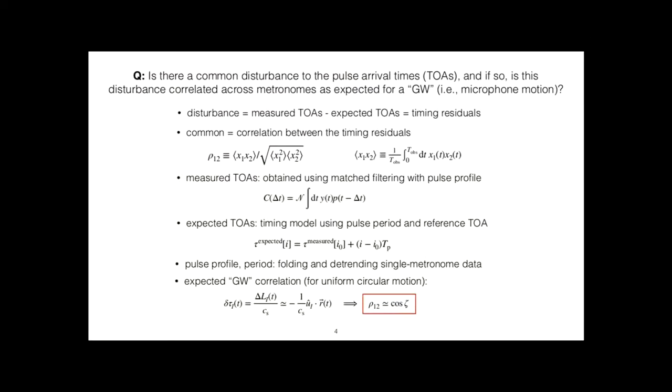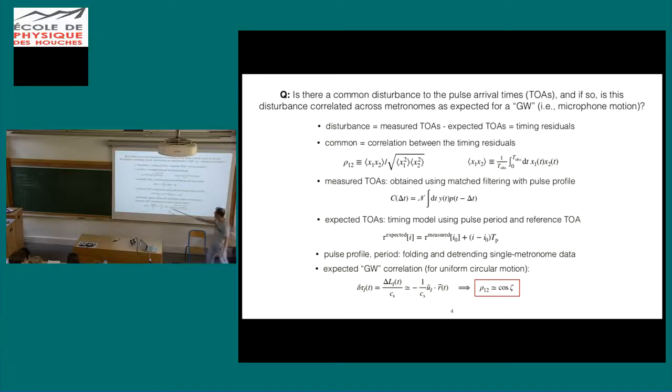And then finally, to calculate the expected gravitational wave correlation as a function of the angular separation between the two metronomes, we need to use an expression for the timing residual response, which is really nothing more than the nominal change in the distance to the metronome when I move the microphone, which you can get by taking the unit vector in the direction of the microphone, dotting that into the position of the microphone.